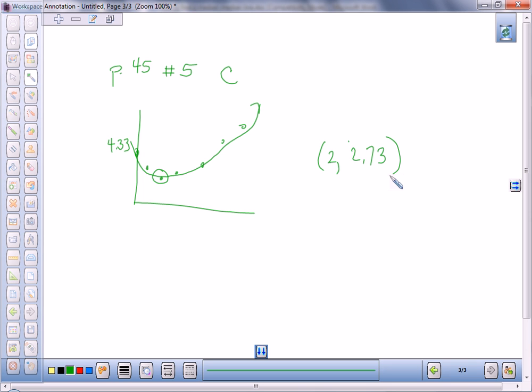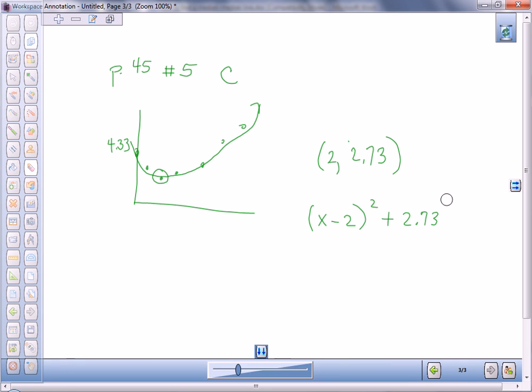All right, so if we assumed that was our vertex, that would be our equation, right? And we know that at time 0, we're at 4.33. When x is 0, and let's see if we can solve for a that way.